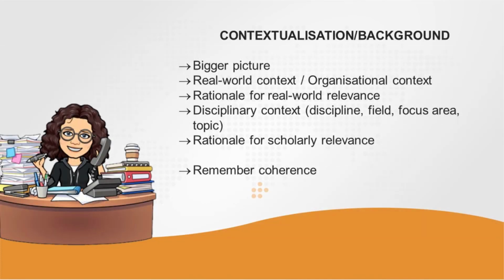In this section, the researcher also places the study or the topic within a specific scholarly field. And they might outline the field and shortly highlight the major debates, developments, hot topics, or famous works in this field of study.